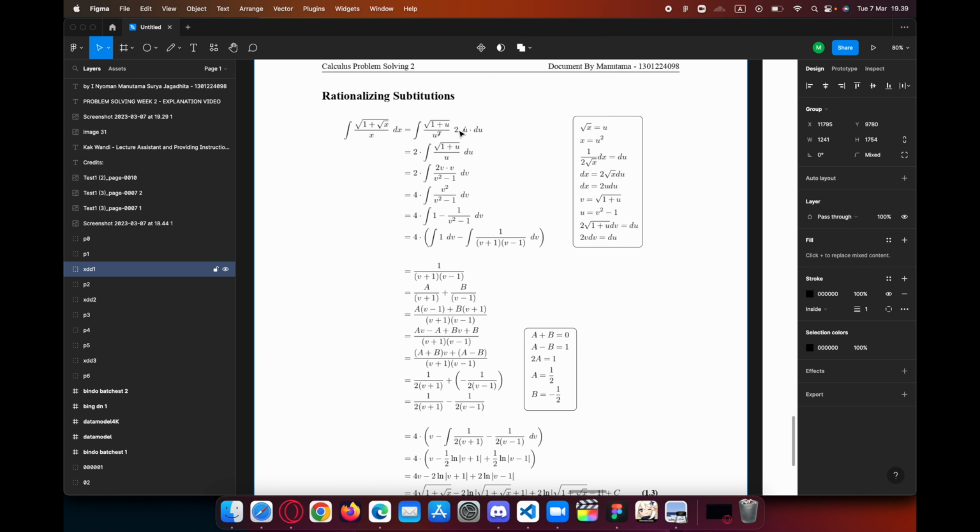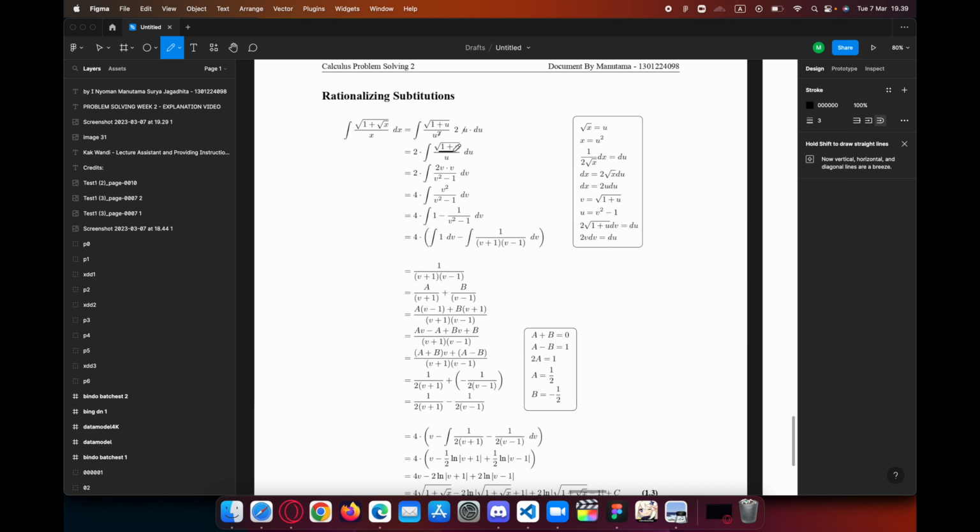We can simplify again, taking the 2 out of the integral, and it becomes 2 times the integral of square root of 1 plus u over u du. After that we need to substitute again. So let phi become square root of 1 plus u, and then u becomes phi squared minus 1.